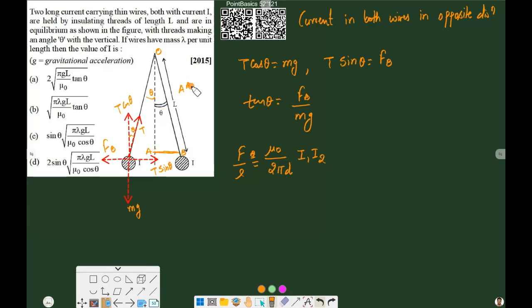So AB is equal to L sine theta, and the distance between these two conductors is twice of AB, so the value of D is twice of L sine theta.